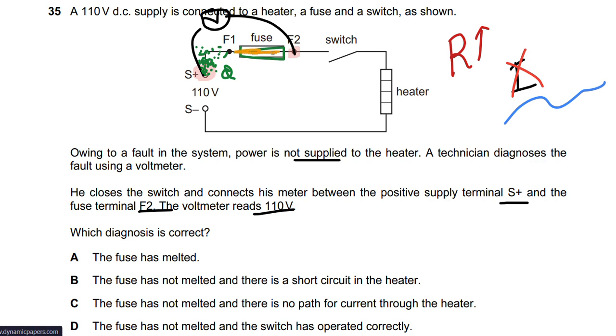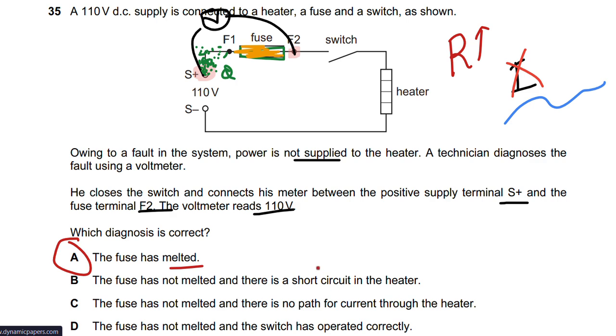Okay, so this fuse here has melted, and because this has melted, you're making an open circuit, right? The charges are here and they're not able to flow here. So essentially, definitely, the correct answer is A, the fuse has melted, but let's see why the others are wrong. So the option says the fuse has not melted and there's a short circuit in the heater.